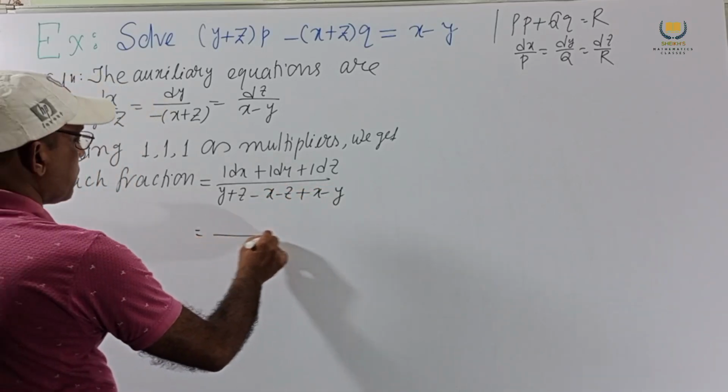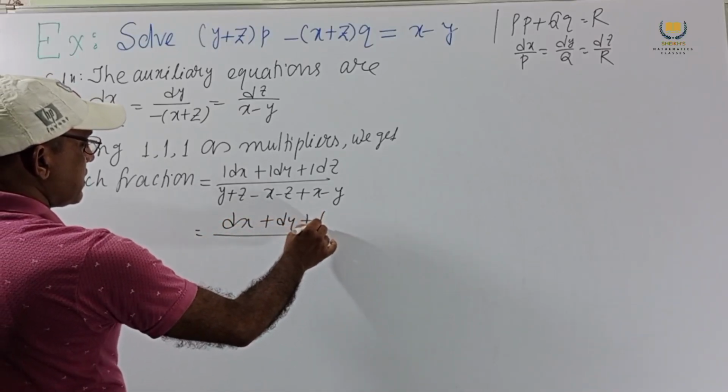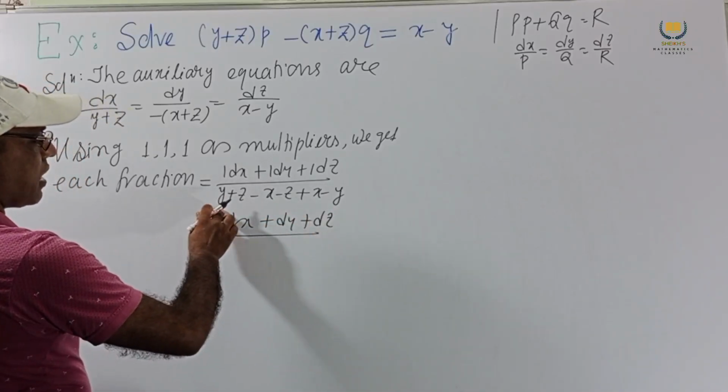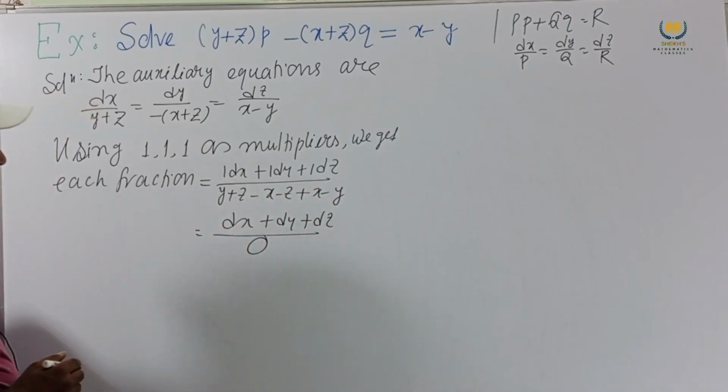This equals dx plus dy plus dz over, y cancel, z cancel, x cancel, 0.